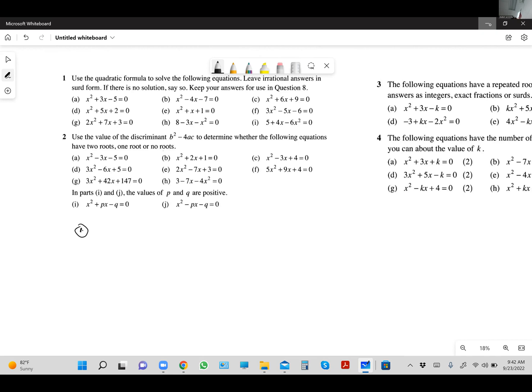They all are the same, so pick one. H it is. So it says 8 minus 3x minus x squared equal to 0. And what they want you to use is the quadratic formula.